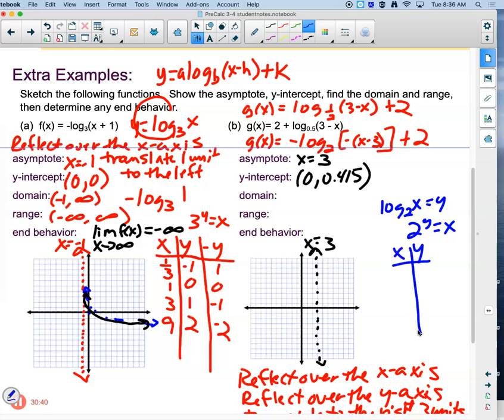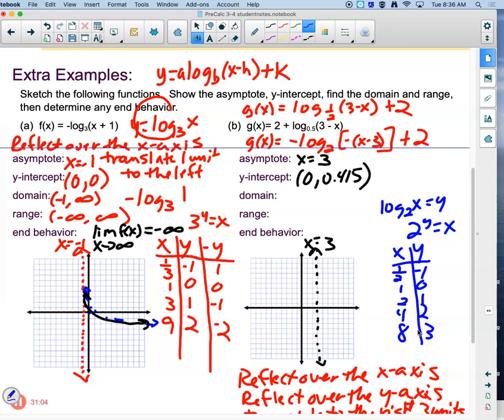Put in some appropriate y values. And this time I'd go up to 3 because 2 cubed is 8. And like I said, we're going negative 10 to 10 here. 2 to the negative 1 power is 1/2. To the 0 power is 1. To the first power is 2. To the second power is 4. And to the third power is 8.